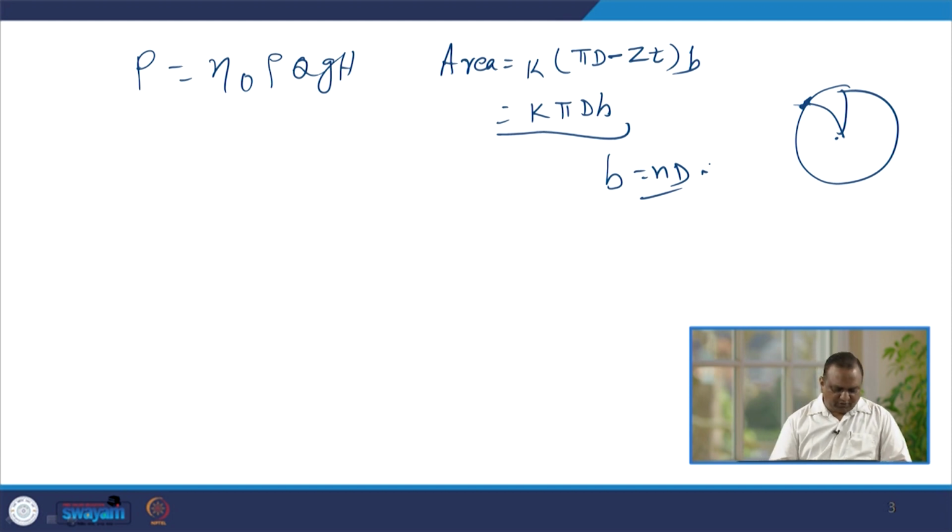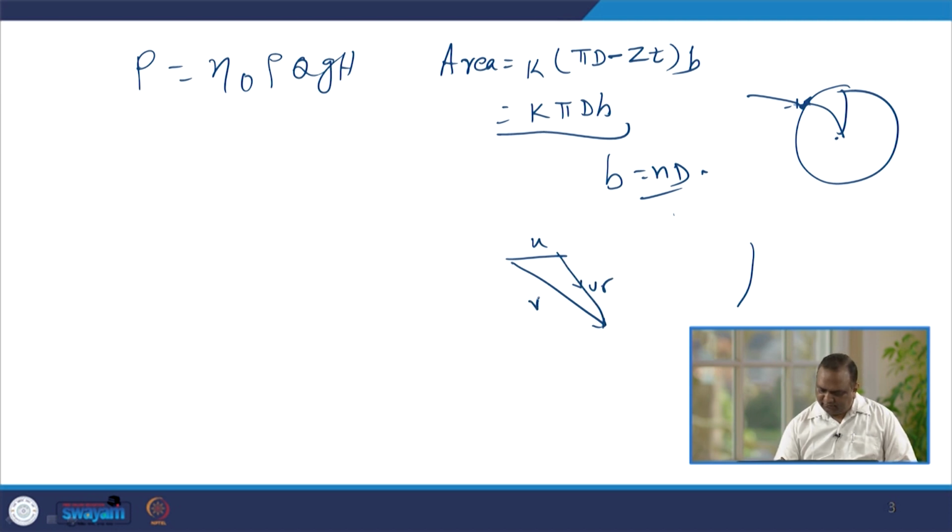Now, with this information, we can have the angles for the guide vanes also. Suppose we want to have the guide vane angle. For the inlet of the Francis turbine, the flow is coming from the top. So, this is u, this is VR, this is V, and this is Vf.